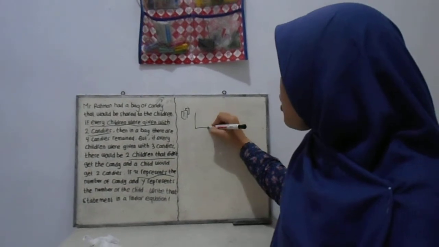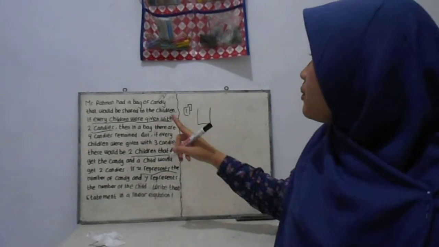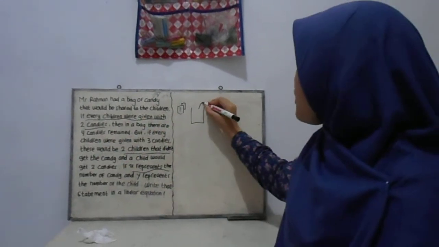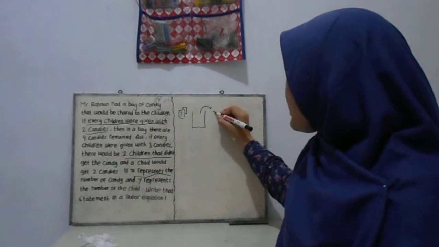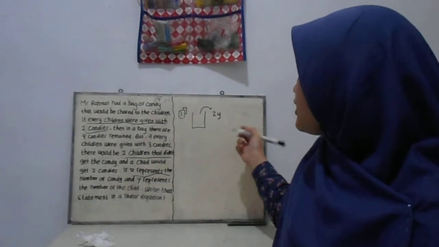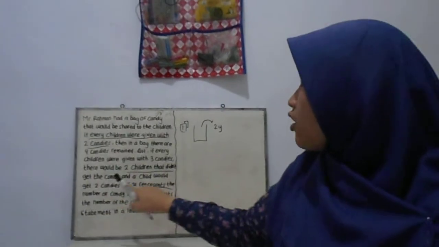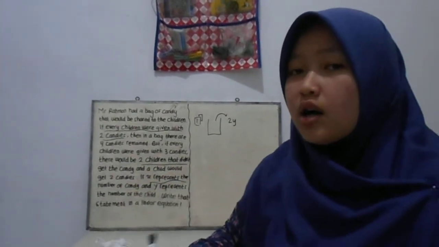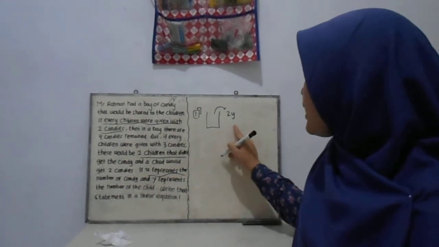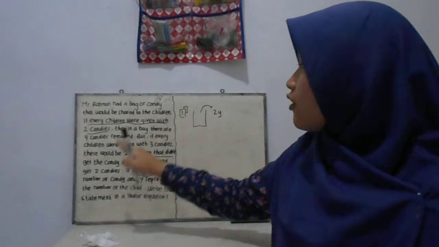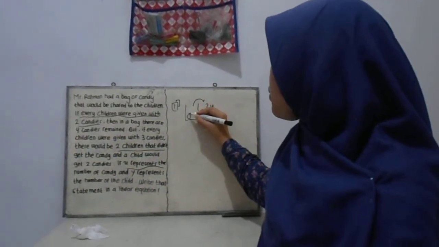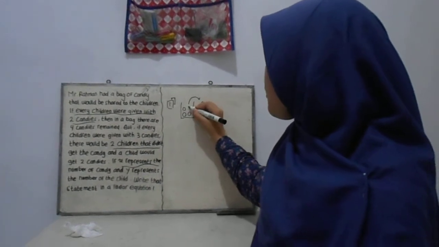This is a bag of candy, and every child were given 2 candies, so Mr. Rahman would share 2 candies for every child. Y represents the number of children, because we don't know how many children there are. Then 2 times Y, then in a bag there are 4 candies remaining. 1, 2, 3, 4.